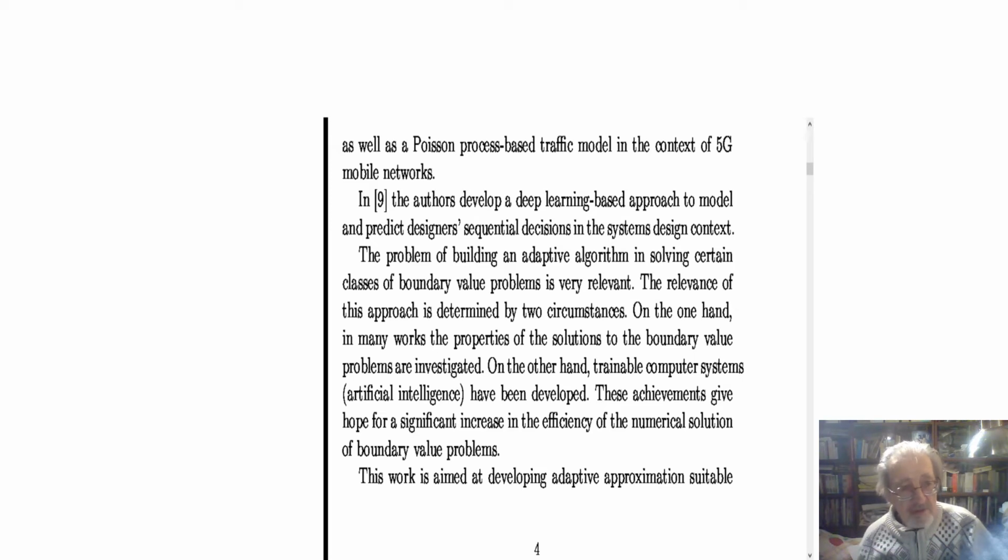This work is aimed at developing adaptive approximation suitable for teaching intelligent computer systems. In this paper, these methods are developed as a guide to variational grid methods in one-dimensional boundary problems.